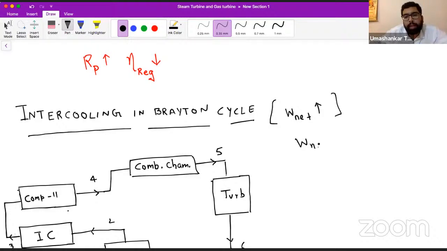So the net work done is turbine work minus compressor work.